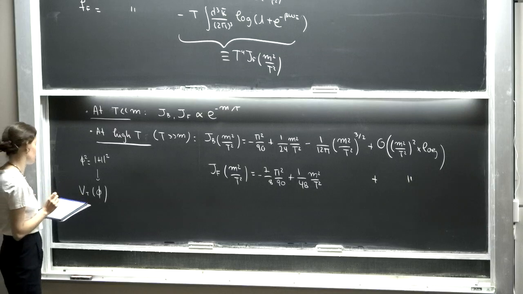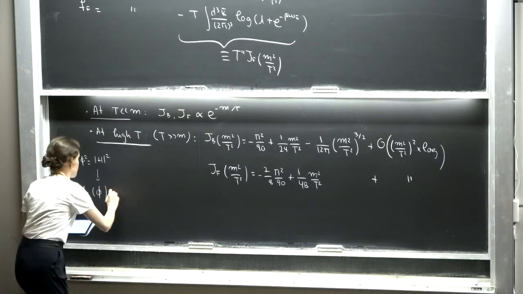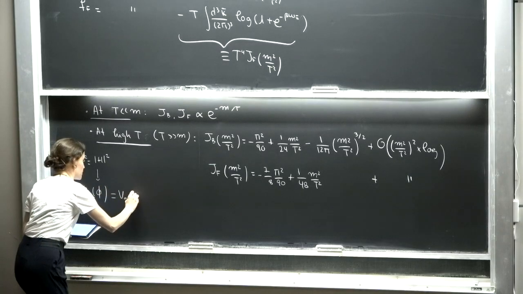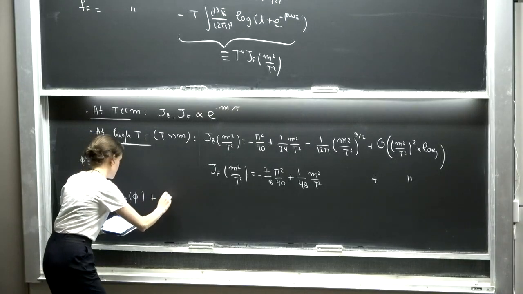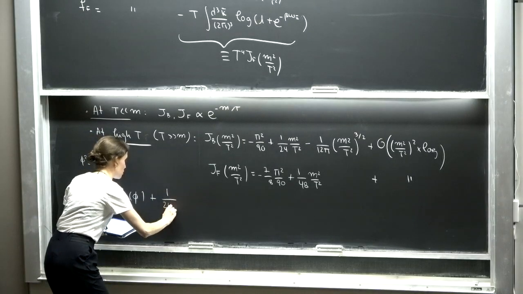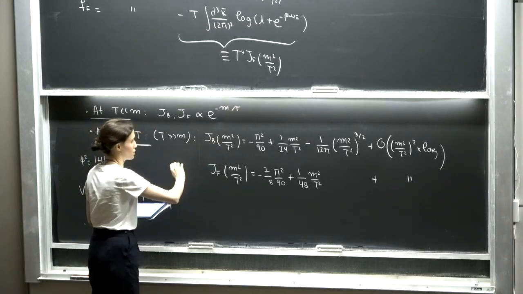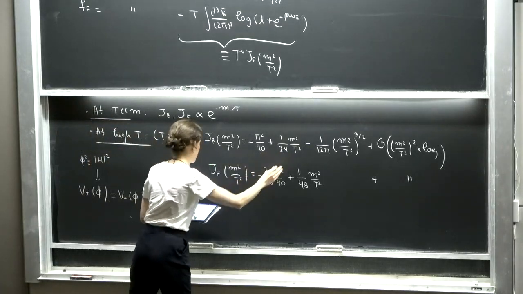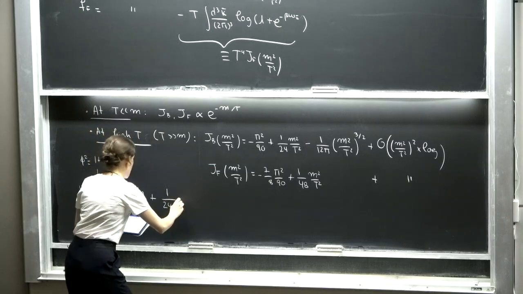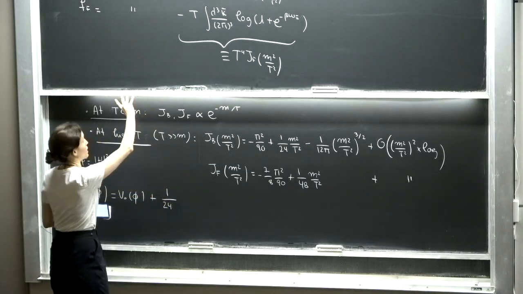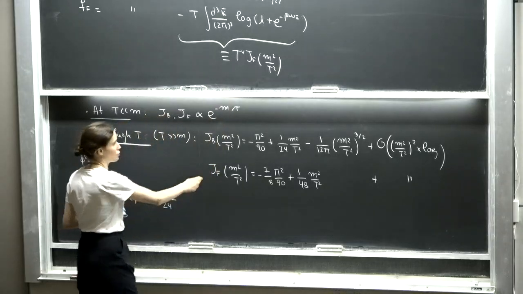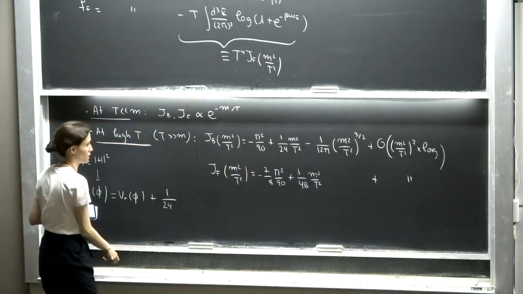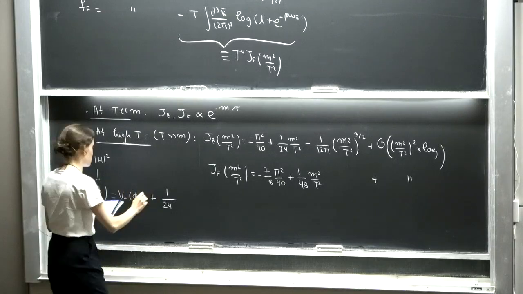So to leading order, we can incorporate finite temperature effects in the effective potential. So this could be the zero temperature piece. And to leading order in this high temperature expansion, let's say to order m squared over T squared, notice the contribution to the free energy is these functions multiplied by T to the fourth. I am going to ignore the constant piece because it doesn't change the equations of motion, as you know.